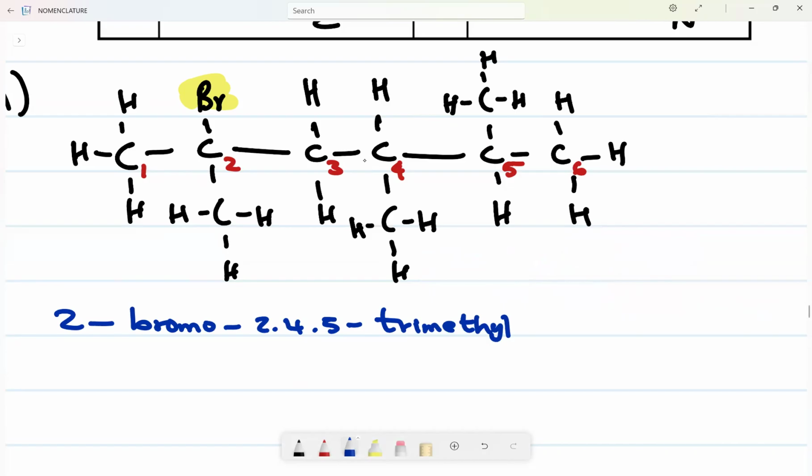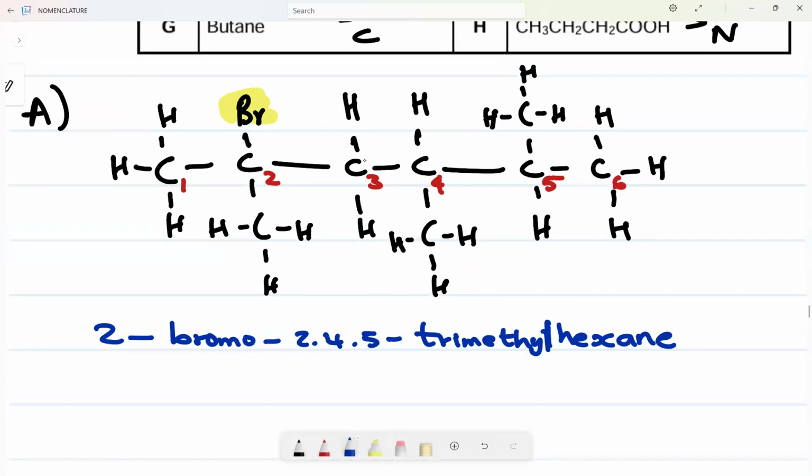Remember the longest chain is 6, and this is one of the alkanes, so it's going to be hexane. Like that, for number A.